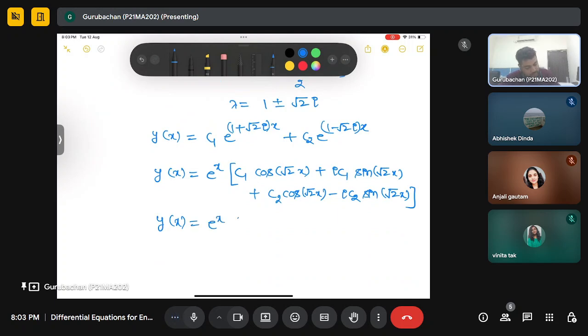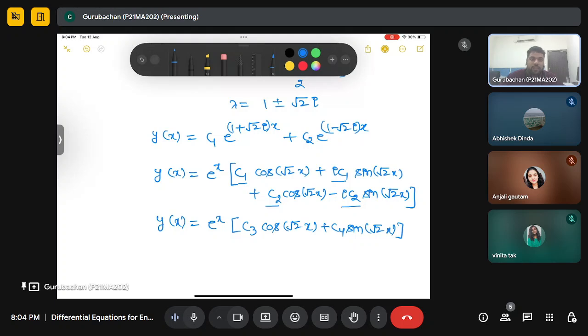If you combine it, it will be c1 plus c2 and i c1 minus i c2. This will be some c3 cos under root 2x plus c4 sine under root 2x. Now you have the general solution.